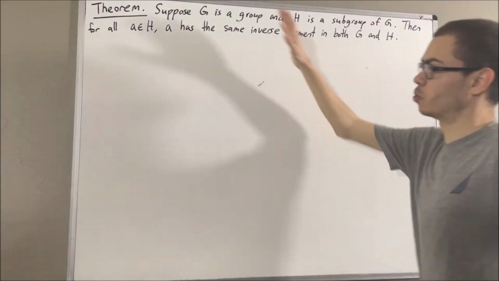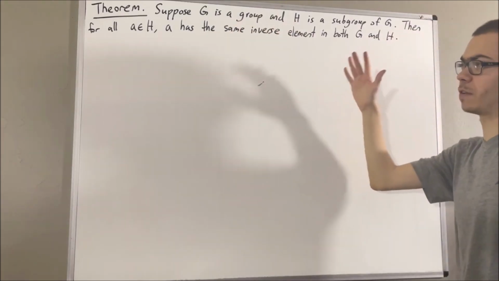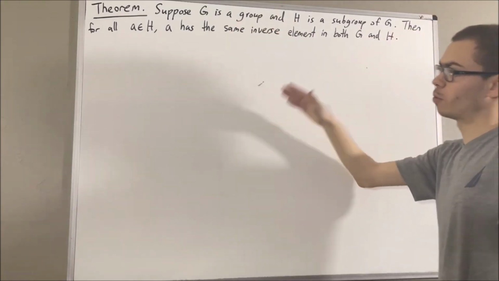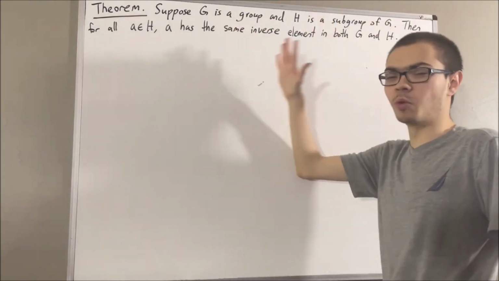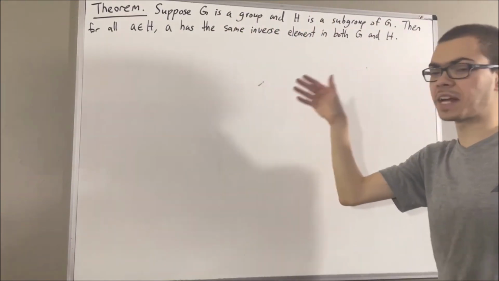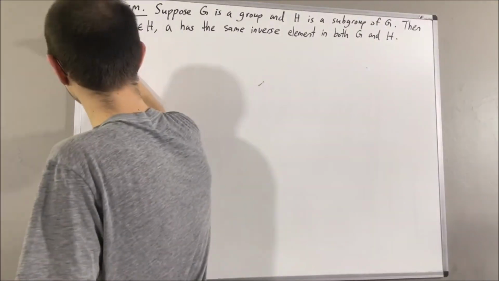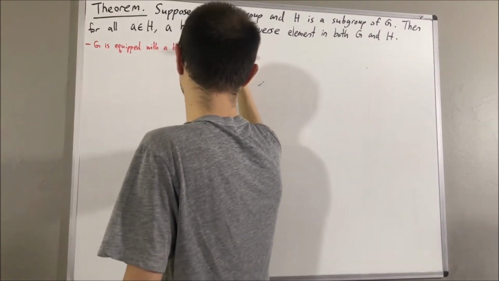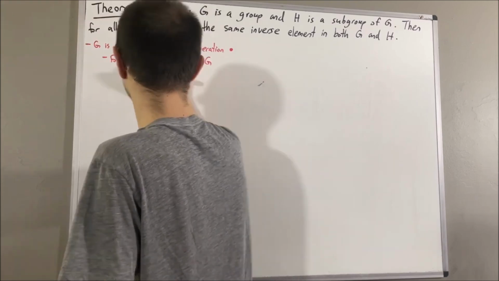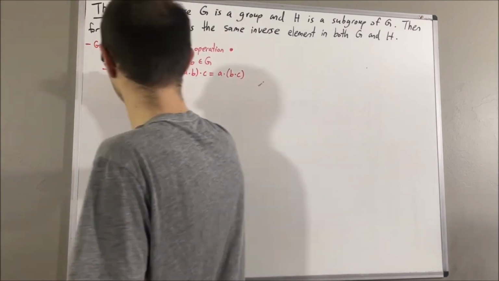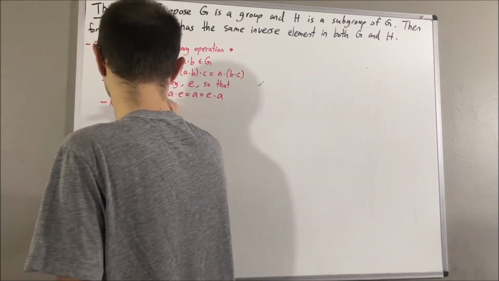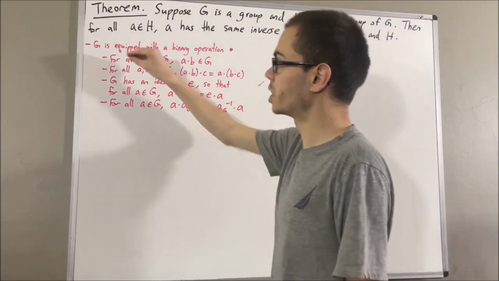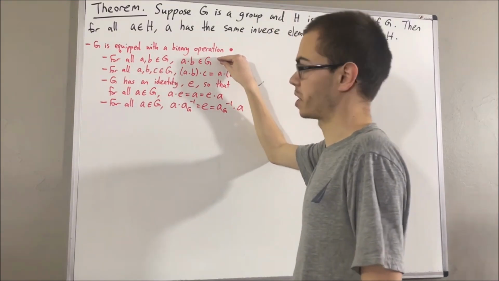Now, before we get into proving this theorem, let's first remind ourselves of some things. First of all, what does it mean for G to be a group? It means that G is equipped with a binary operation and satisfies the following properties. So G is closed under the binary operation.